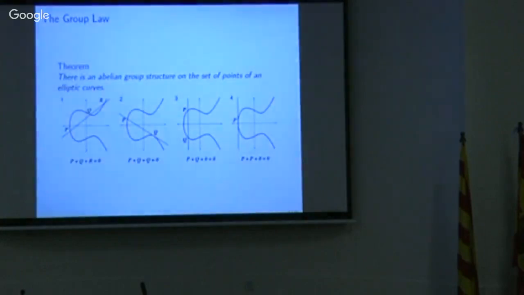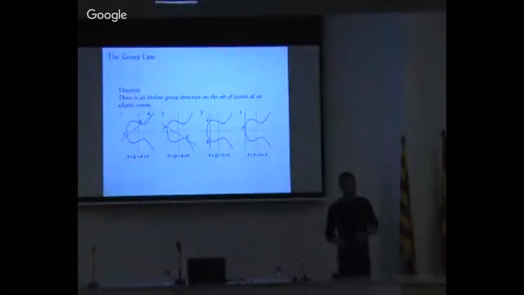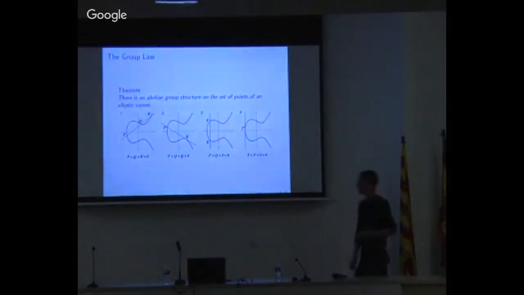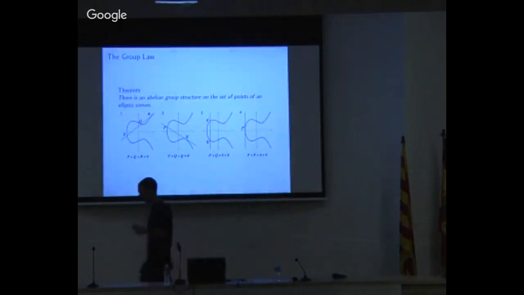So the first remarkable thing about elliptic curves is that we can define a group structure on its points. And the group law goes like this. We take the point at infinity, for example, to be the identity of the group. And then we consider 3 points to sum up to 0 if they are on the same line.